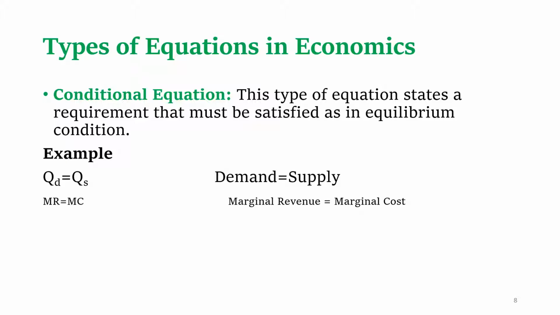That is a condition that needs to be met. Same thing, quantity demanded equals quantity supplied. In equilibrium, quantity demanded equals quantity supplied. That particular requirement must be satisfied. So these are all referred to as conditional equations, because for this type of equation, a requirement must be satisfied.